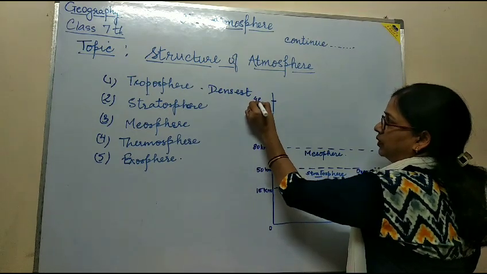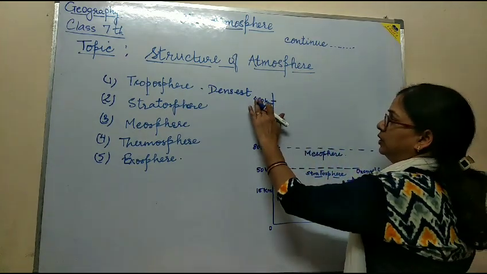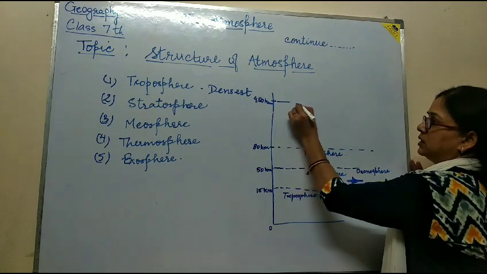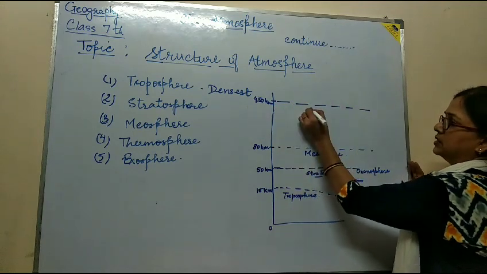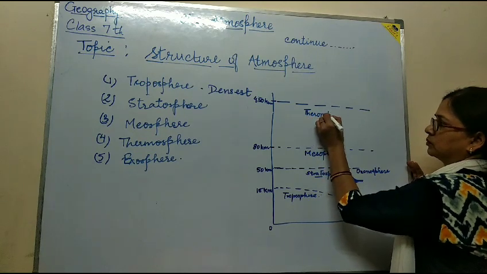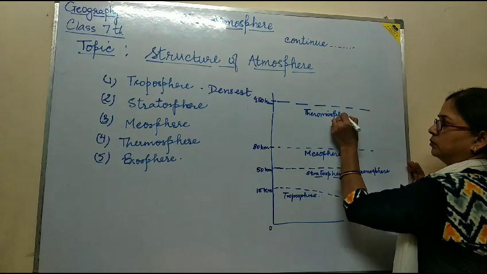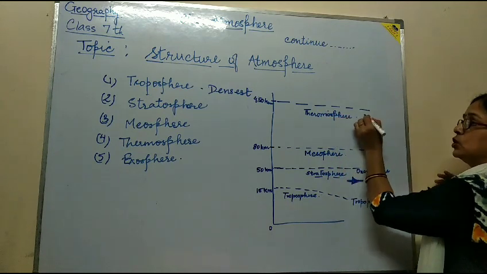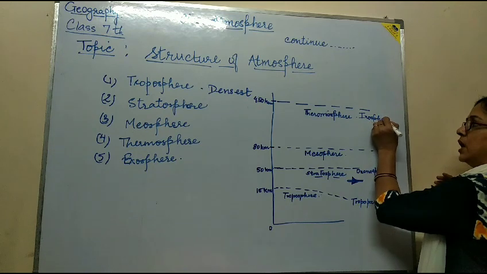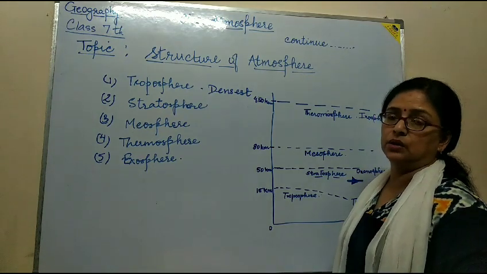The next layer is the thermosphere, which extends from 80 kilometers to 450 kilometers. This layer is also called the ionosphere. Why is it also called the ionosphere? Because we find ions in this layer.